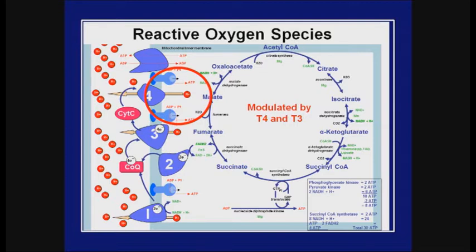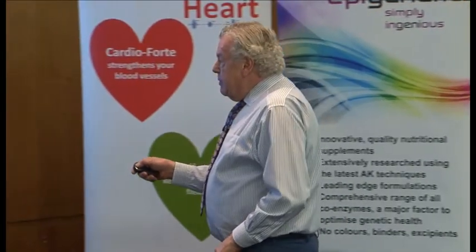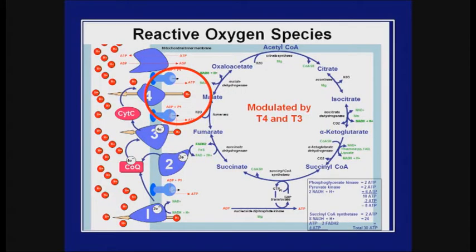So boom, all of a sudden oxygen has 4 electrons placed on it, which makes water. So our result of the machinery here is basically to produce water. But the energy that's given off adds the phosphate group to ADP to make ATP. So we get different levels of ATP being produced here. That's our high energy bond.